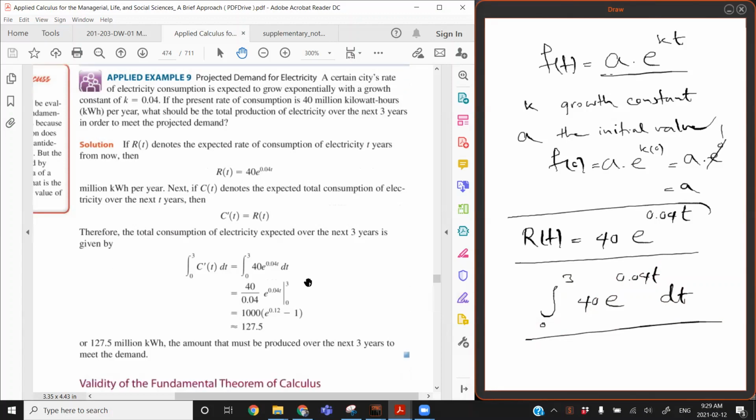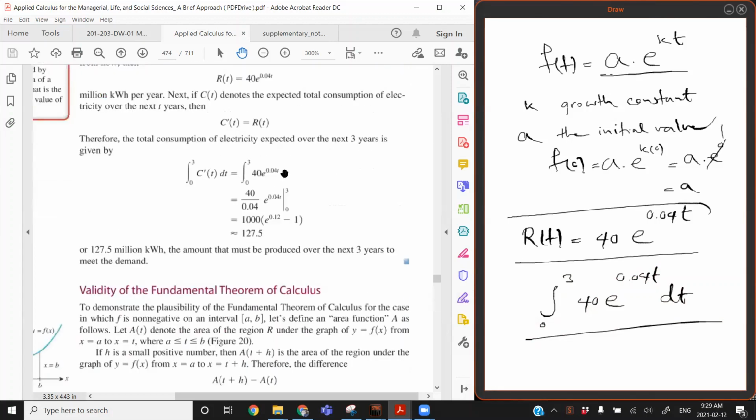It's an easy function to find the antiderivative for. You just need to plug in 3 into the antiderivative, minus plug in 0 into the antiderivative, subtract, and you get the answer. So before I give you some time to work on the exercises, any questions about this last one?